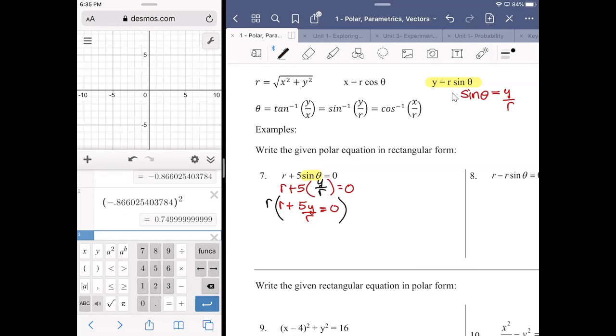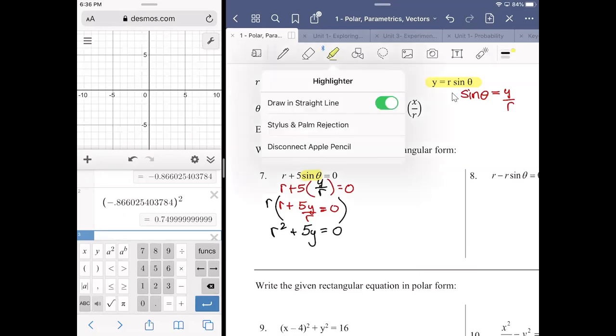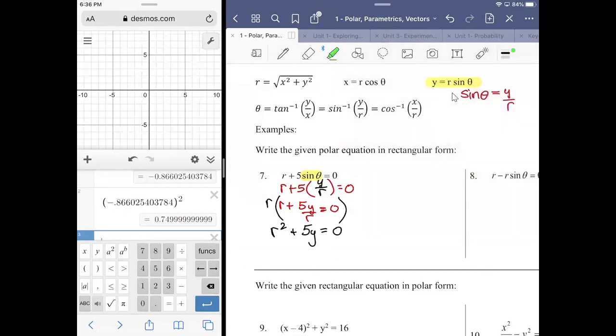That's awesome. Anyway, so r squared plus 5y equals 0. And again, it doesn't seem like the situation has improved very much, but we're actually in a pretty good spot, because a variation of this rule, as soon as I can get my highlighter going, this rule is that x squared plus y squared is equal to r squared.